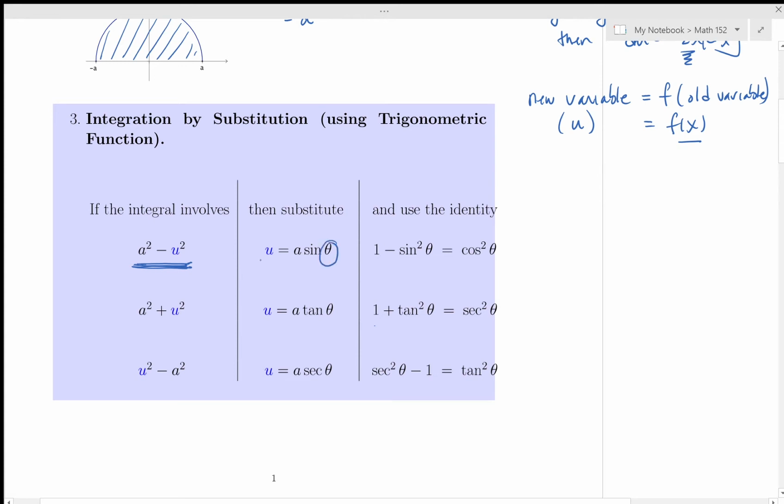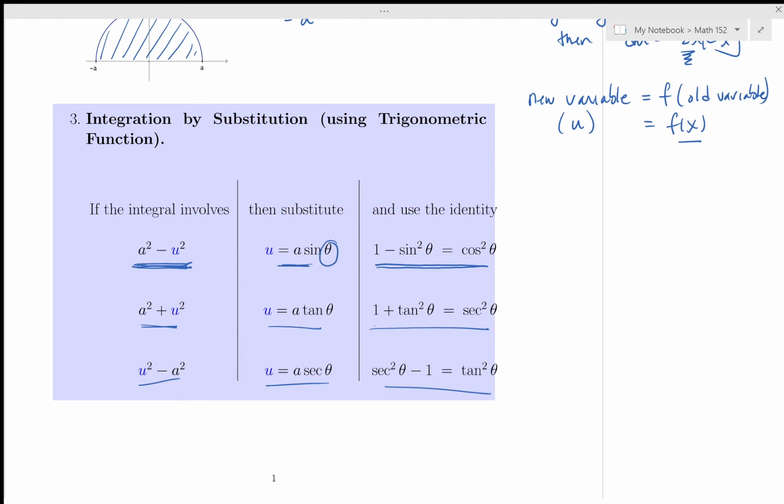But what I actually have here is my old variable as a function of my new variable. Coupled with this substitution, we will need the knowledge of this trig identity. Similarly, if we see this kind of structure, we're going to use this kind of substitution and this identity, etc. So there are 3 cases outlined here, and we're going to go through a couple of examples and see how this works.